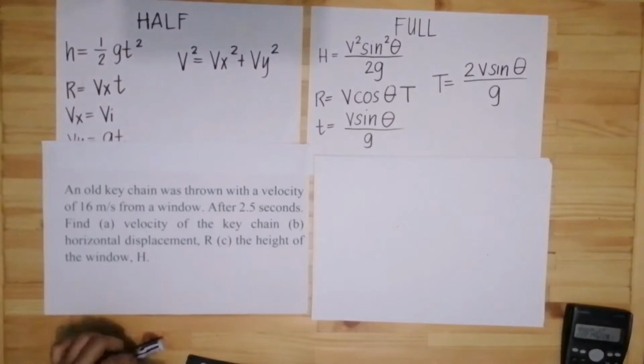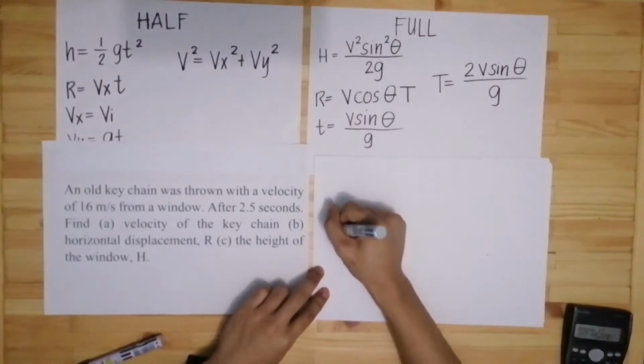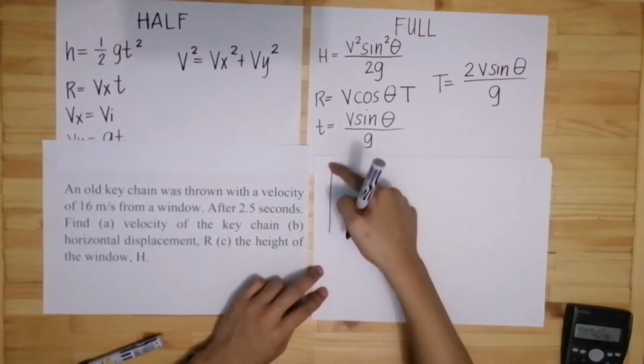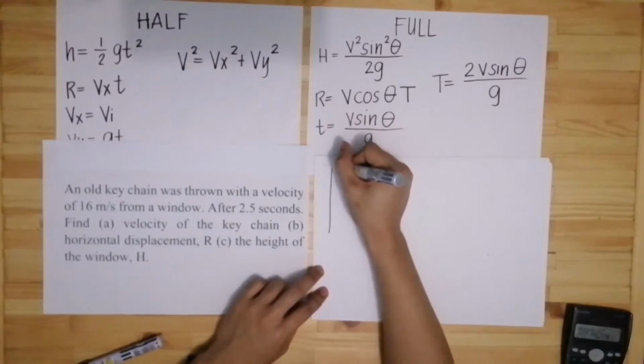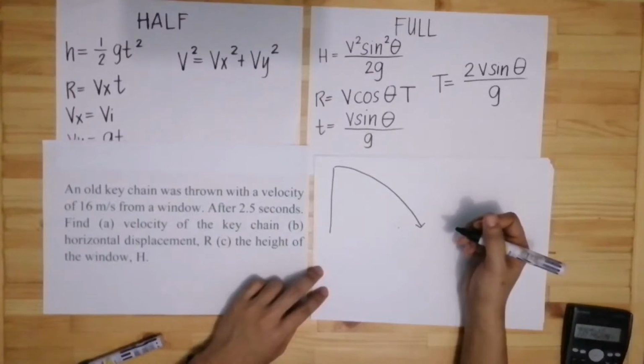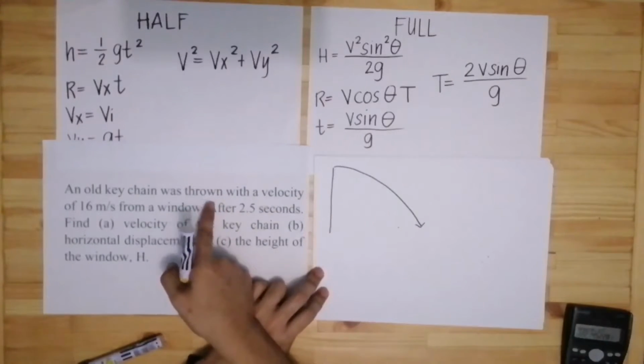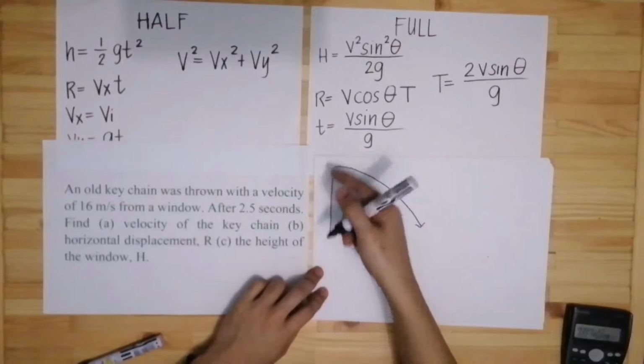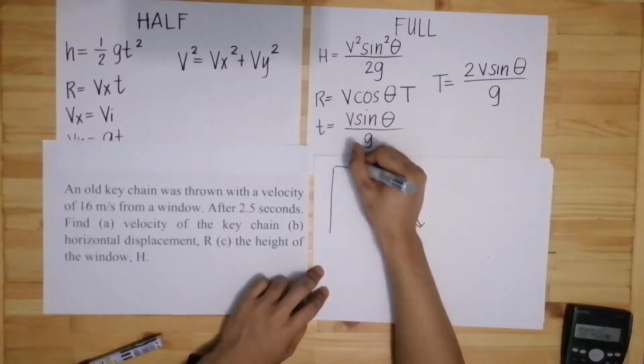So, ngayon, may height yung window, tama? Andiyan yung window natin. So, dito binato yung keychain. So, kalahati lang yan. So, half lang tayo. Then, may velocity na binigay. Thrown with a velocity. So, dito, automatically, may V na tayo.